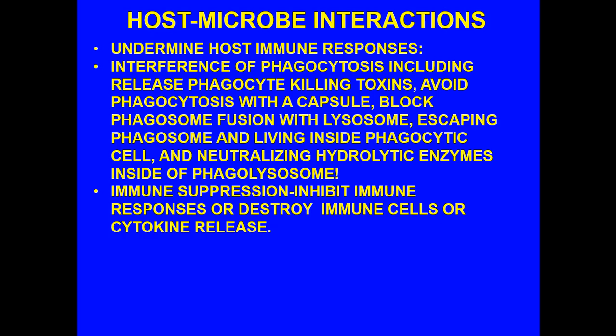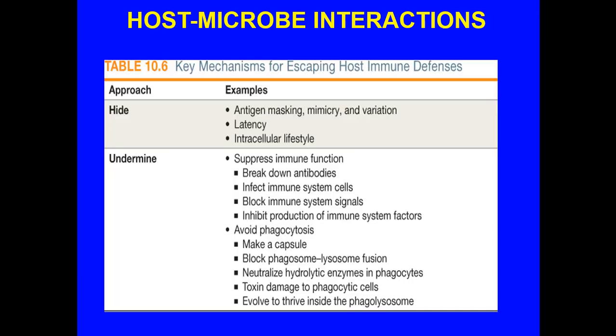And then we also have immune suppression. It will inhibit the immune responses or destroy the immune cells or the cytokine release. Now, you might think about that from HIV, but there are a variety of other pathogens that do this to a lesser extent, and they survive as a result. Here are some of the strategies that will happen. The mechanisms for escaping host immune defenses include, as we've said, let's hide: latency, intracellular lifestyle, antigen masking, mimicry, variation.